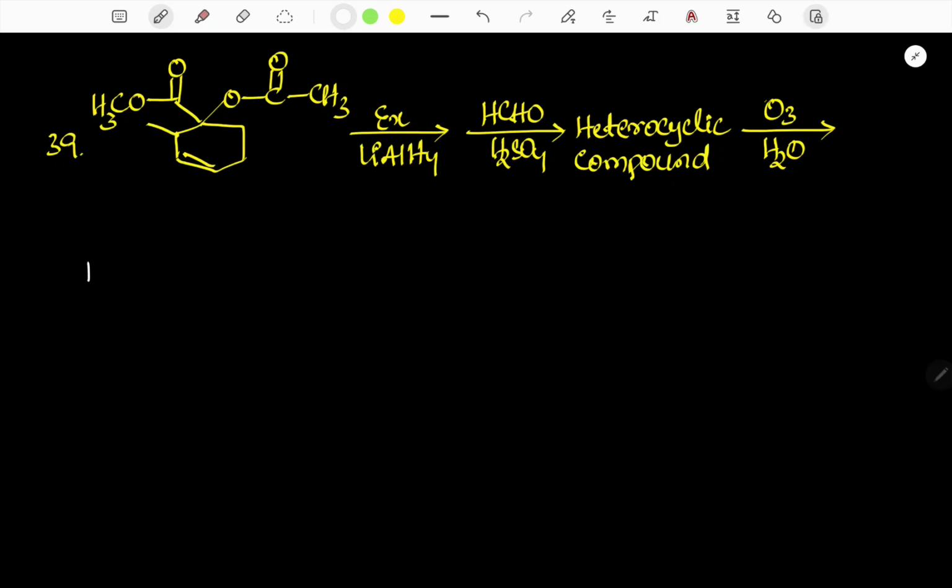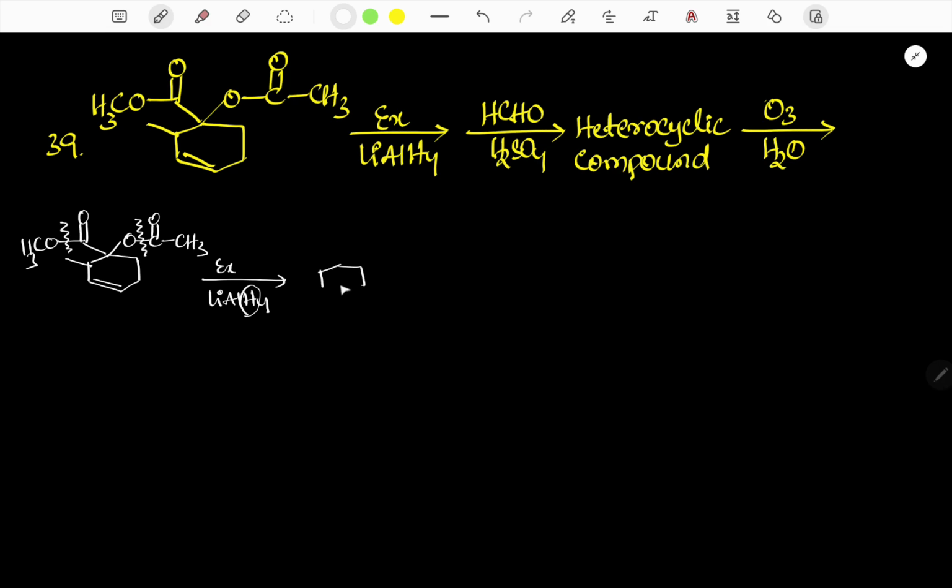The reactant has two functional groups mainly. One is alkene functional group, another one is carboxylic ester. Both are carboxylic esters. Now it is treated with excess of lithium aluminum hydride. Lithium aluminum hydride gives H minus. So ester undergoes reduction.